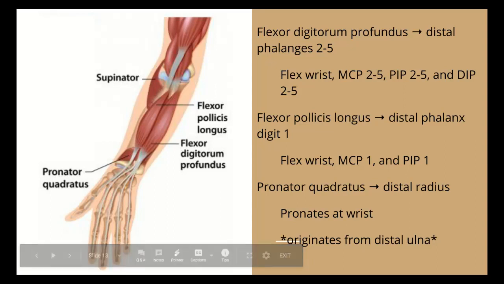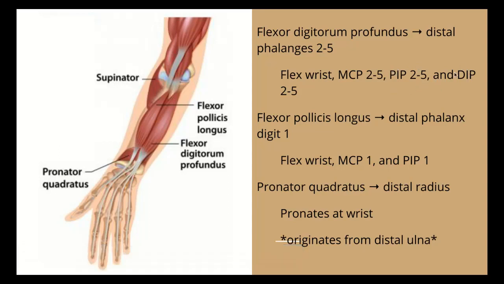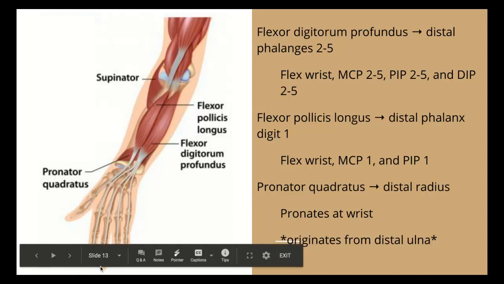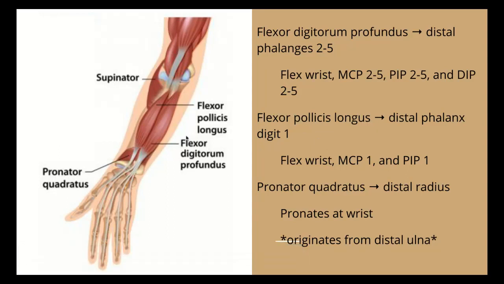So again, if we're going to be going all the way to the distal phalanges, then we're going to see action of flexing the wrist, flexing at the metacarpal phalangeal joints right there, 2 through 5, and then we're going to see action also at the proximal and distal interphalangeal joints, right? If it's going all the way down to the very end, essentially, we're going to see action across all of these joints.